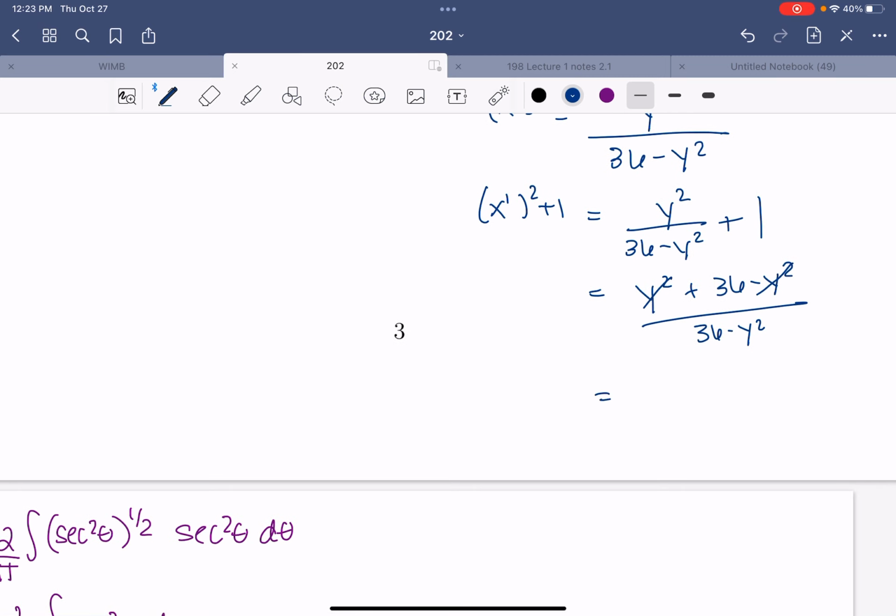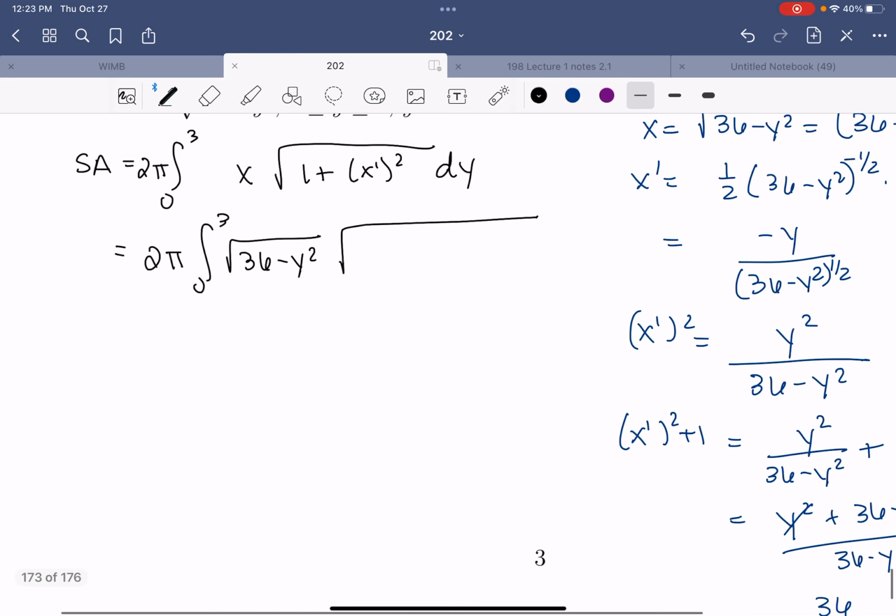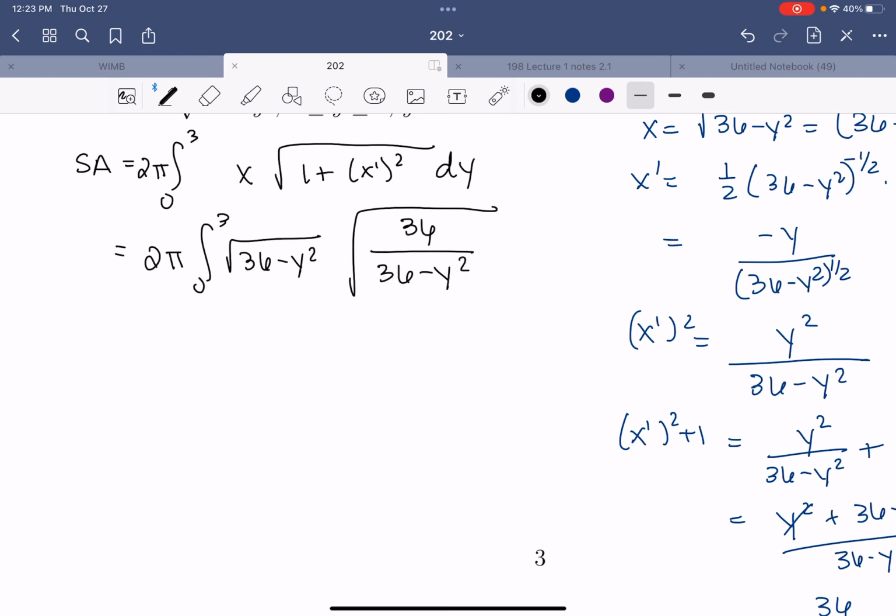Your y's cancel just like the one we did up above, and this is 36 over 36 minus y squared. And that's what goes underneath the square root. So that's what I'm bringing up here. So this is 36 over 36 minus y squared underneath my square root, with respect to y.